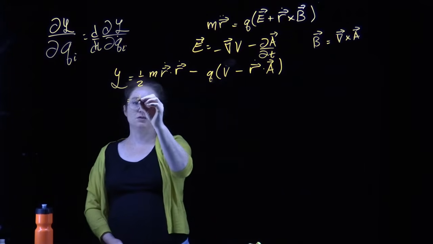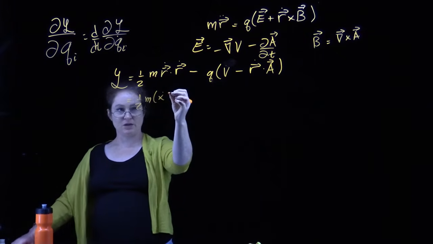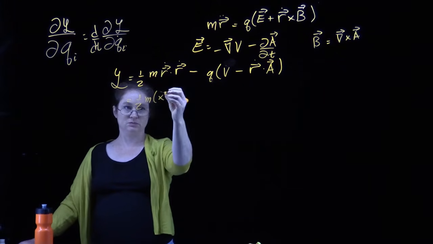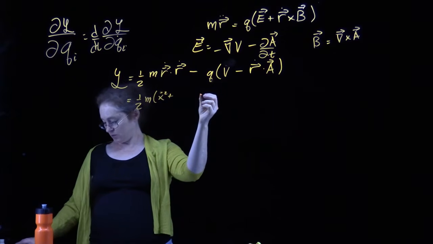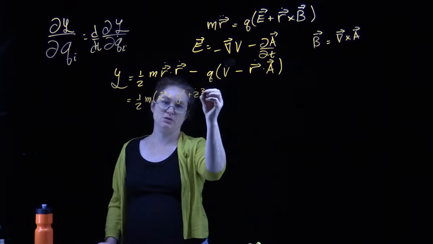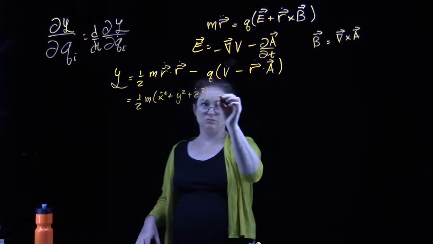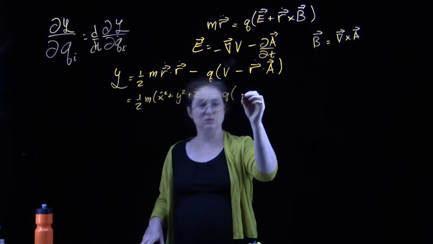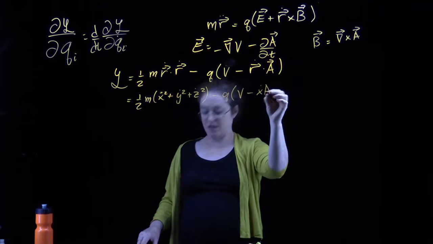So this is 1/2 m (x dot squared plus y dot squared plus z dot squared) minus q (V minus x dot Ax...).